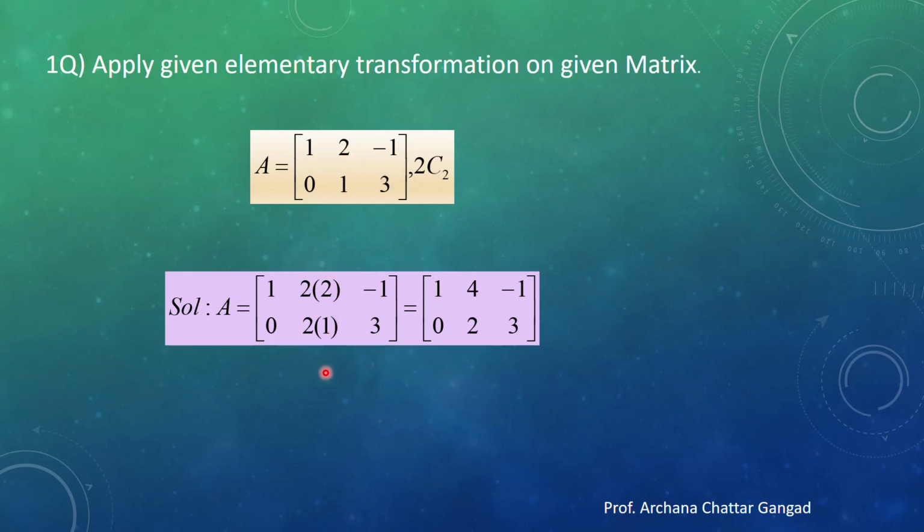These are the changes in the second column. What about the third column? The third column remains as it is. After simplification of the second column, we get 1, 0, 4, 2, -1, 3. So this is the simplification of the elementary transformation of the given matrix. Now let's move to the next example.